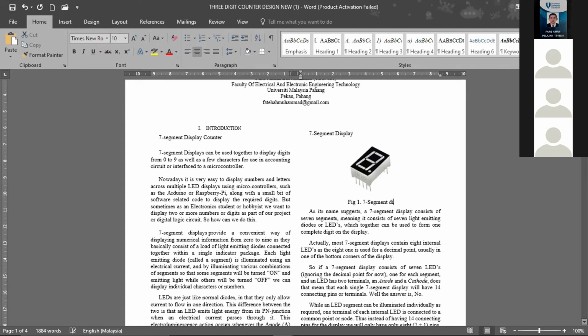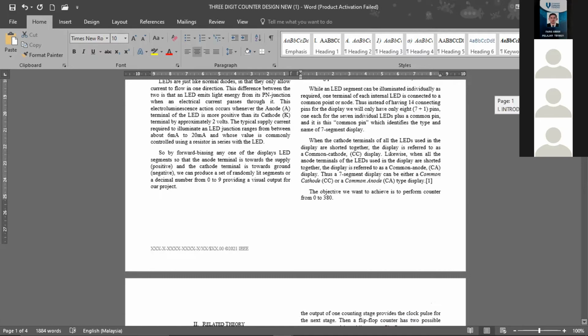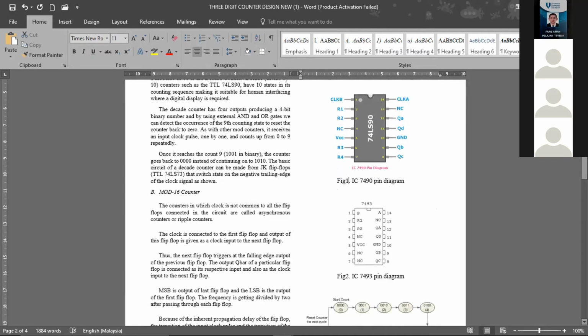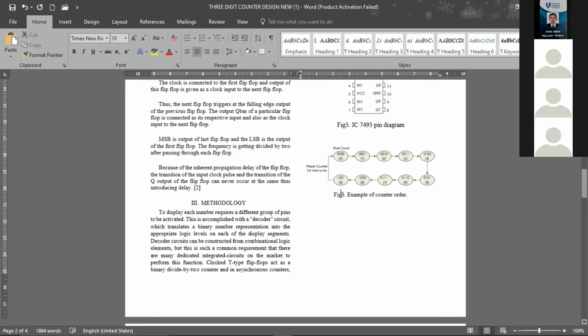You must change all the numbers for the label of the figure. Can you see my screen?